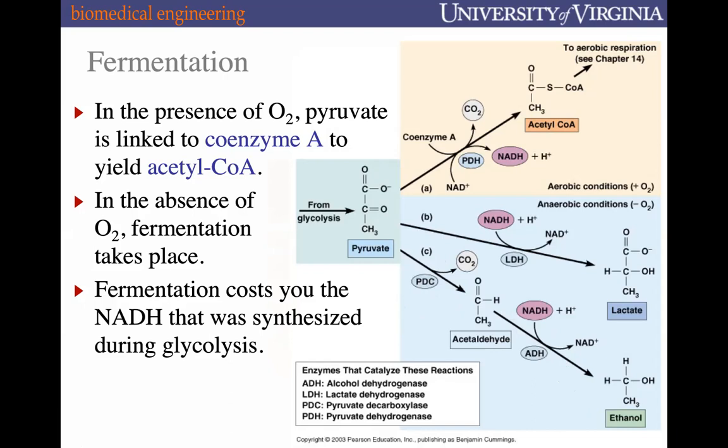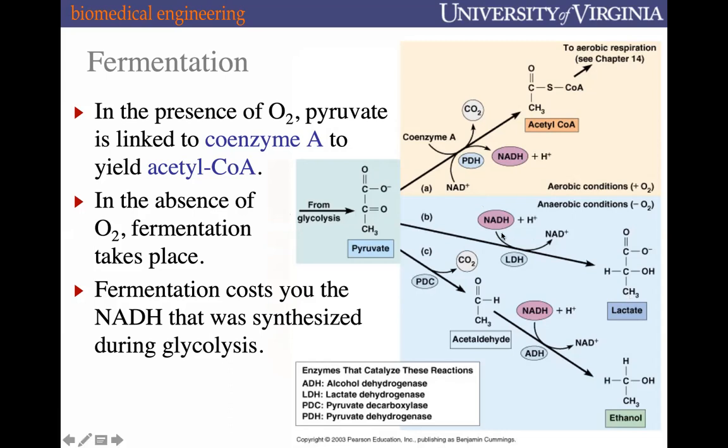Whenever you've heard reference to the buildup of lactic acid, this is what's happening. In the absence of sufficient oxygen, pyruvate, via lactate dehydrogenase and the reduction, the giving up of the electrons, will now produce lactate, or lactic acid in its non-protonated form.